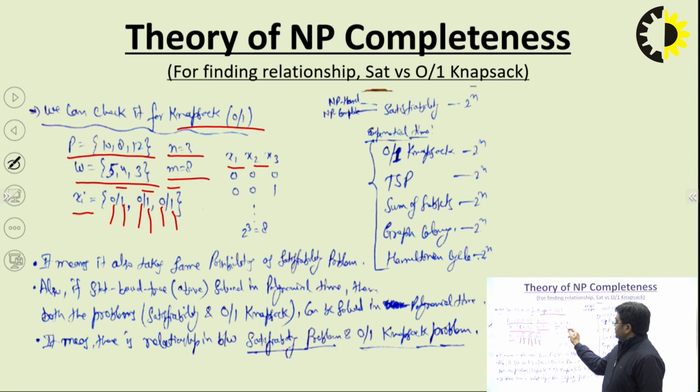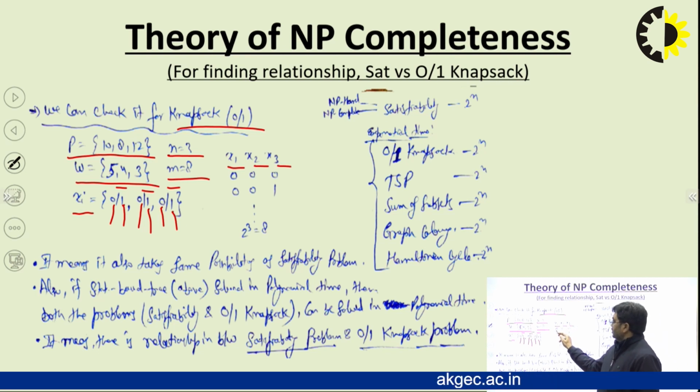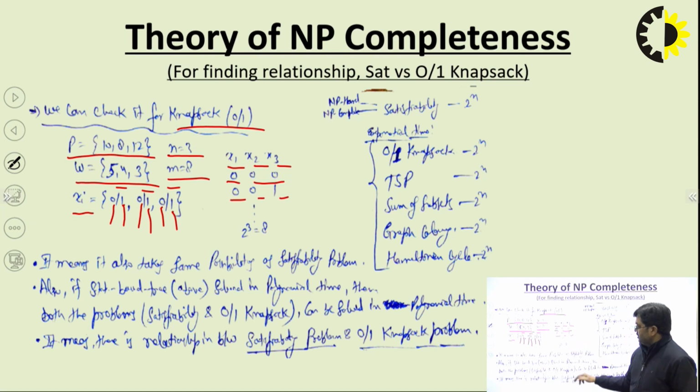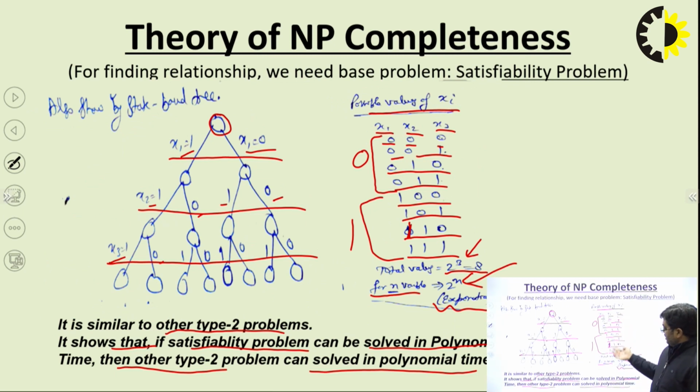The x1, x2, x3 means we may not take any of them, or take only x3, or only x2, x3, similarly we can conclude this up to 2 raised to power 3, because we have 3 elements. Means similar cases will be there like the satisfiability problem.